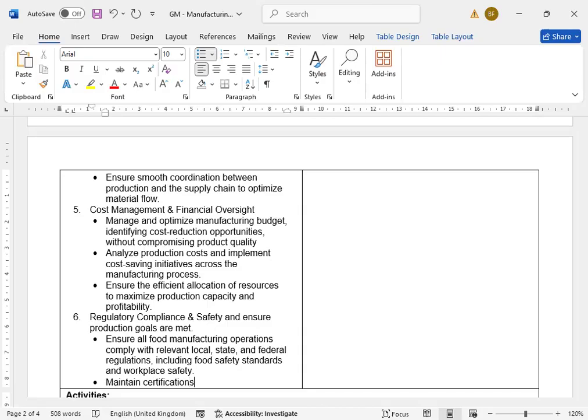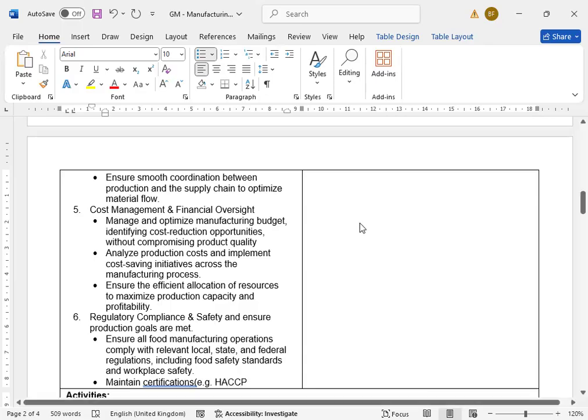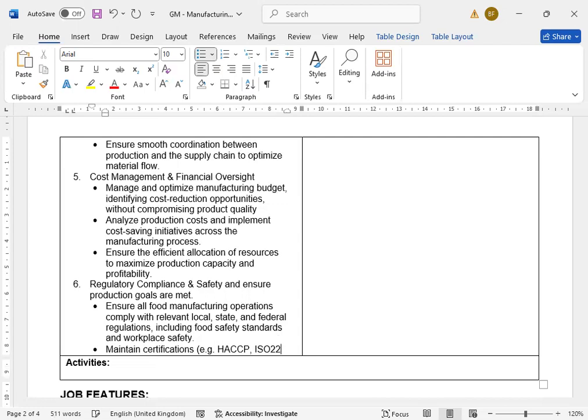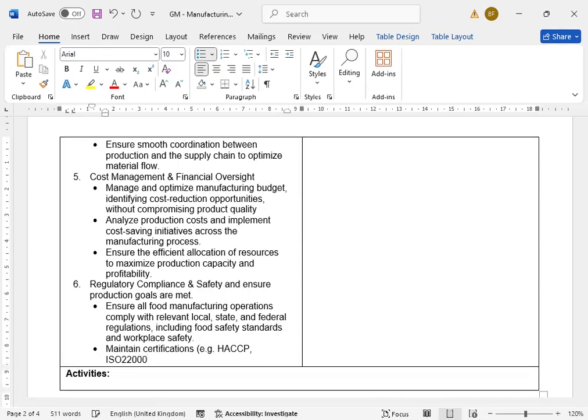Okay, certification. What, for example? What are the examples? HACCP. Again, what is the HACCP? Certification. HACCP is hazards analysis and critical control point, and ISO, let's say 22,000.